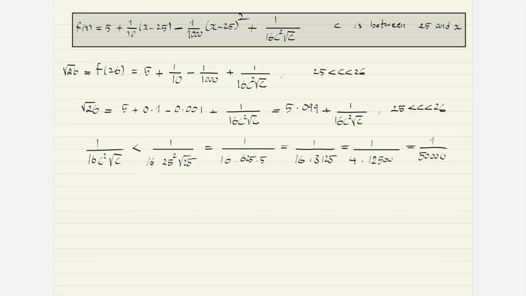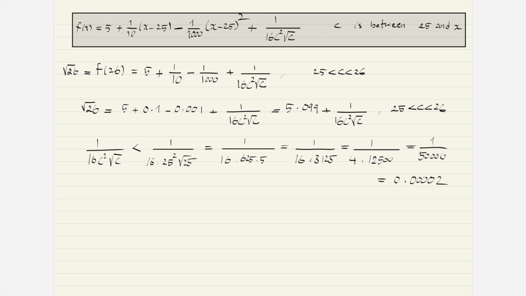So I can write it in decimals. If I write it in decimals, it will be 0. How many zeros? 1, 2, 3, 4, and 2. So this is the upper bound of the error that I am making.